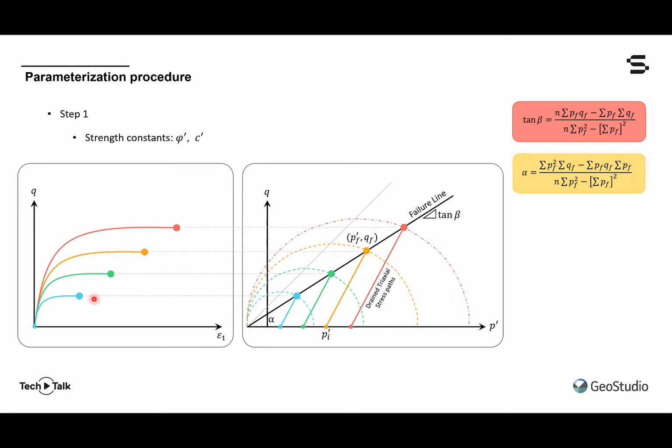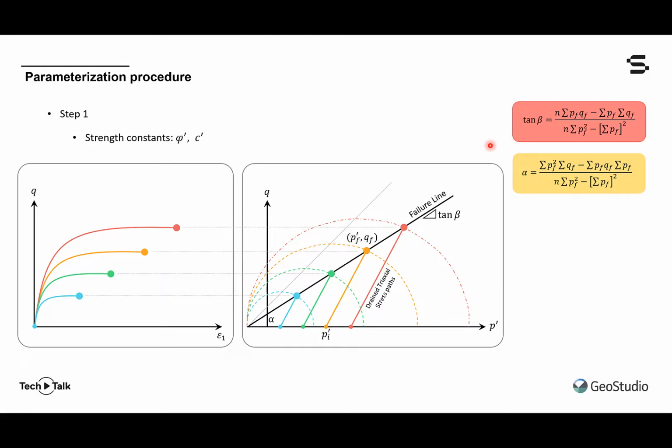In this case, we can track these endpoints onto the failure line, and we will see that there are 4 in total. And so these are the expressions for the least squares fit.